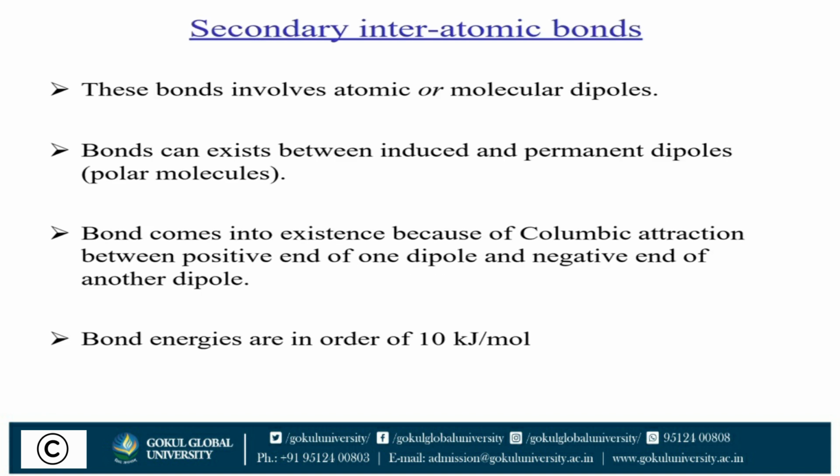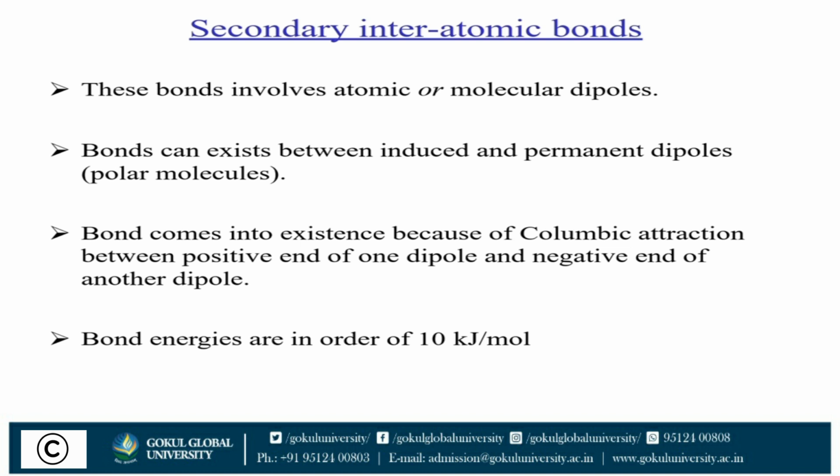Secondary interatomic bonds are defined as bonds involving atomic or molecular dipoles. The bond can exist between induced and permanent dipoles. That means the bond comes into existence because of a Coulombic attraction between the positive end of one dipole and the negative end of the other dipole.